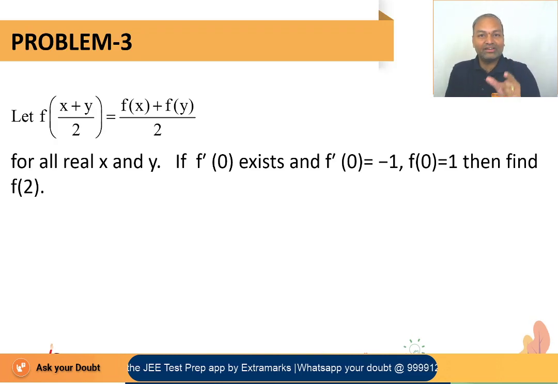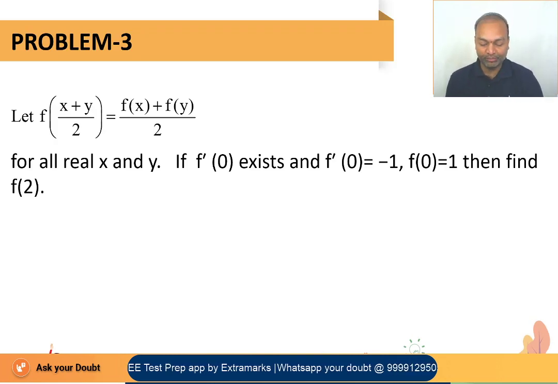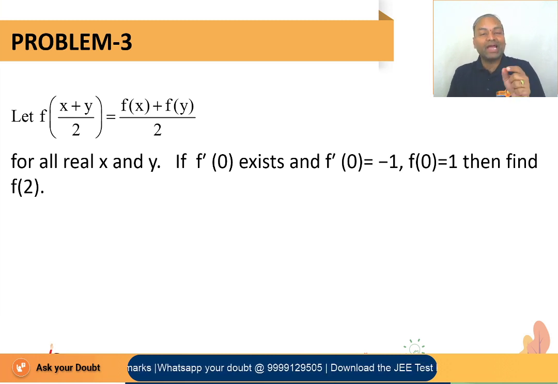Right, a functional relation problem. Let f of (x plus y) by 2 is equal to (f of x plus f of y) by 2. This is the given condition, for all real x and y, meaning x and y are real numbers.